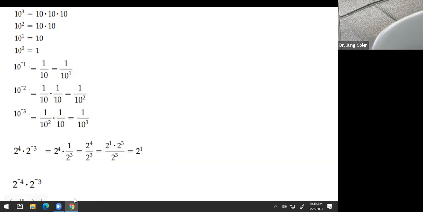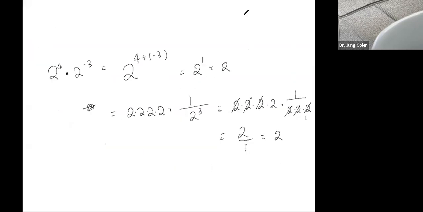Or if you are writing this as a fraction, what can we write that as? 2 to the negative 7 is the same as what? 1 over 2 to the positive 7 power, right? Very good. Okay, so let me just rewrite the thing that we just talked about.